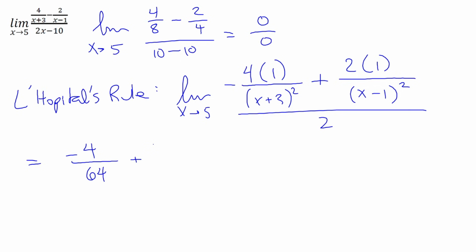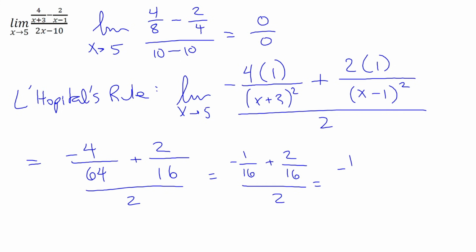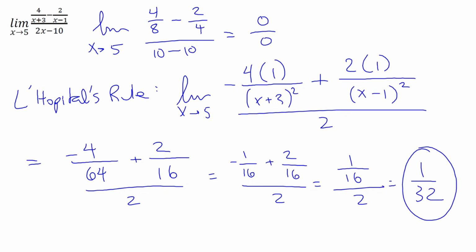And then plus 2 over 5 minus 1 is 4, 4 squared is 16, all divided by 2. And so negative 4 over 64 should reduce to negative 1 over 16. So we have negative 1 over 16 plus 2 over 16, all divided by 2, which will be 1/16 divided by 2, which will be 1 over 32.